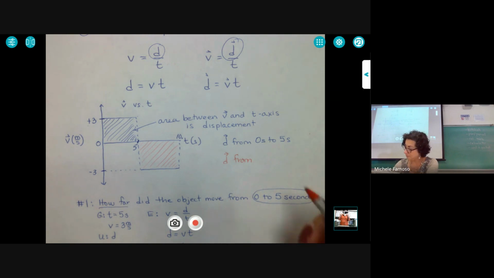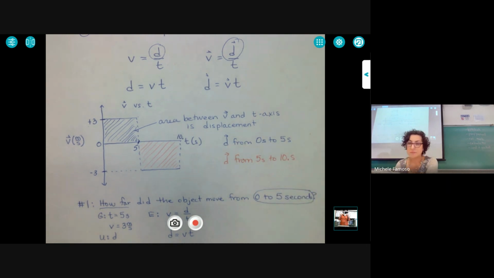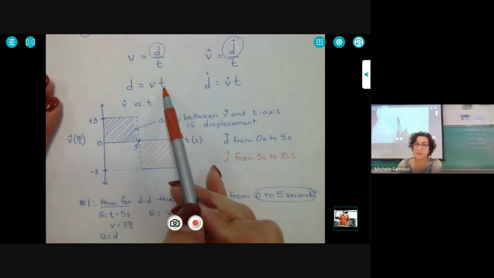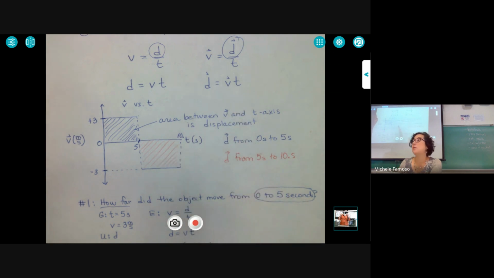The displacement from... There you go. Okay. And it's exactly the same thing. This is the height, and that's the base. That's the height, and that's the base. It's a rectangle. You're finding the area of a rectangle. Okay, graphically, that's what you just did. But that's where that equation comes from. It's an area calculation.